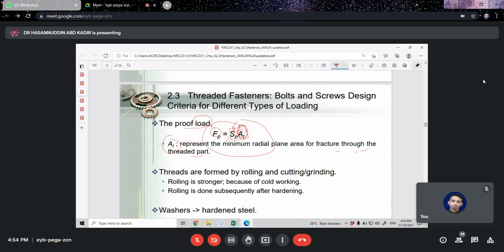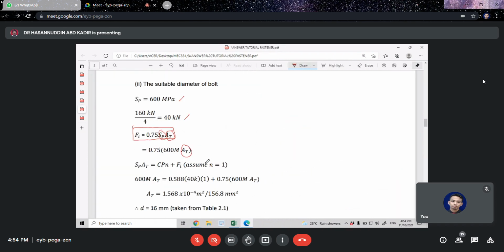AT ni also we can refer back to the table to find their diameter. Okay, kat sini kamu dapatkan bahagian sini SP multiply with AT, for our FP. Yes, 600 dalam dengan AT against sini.